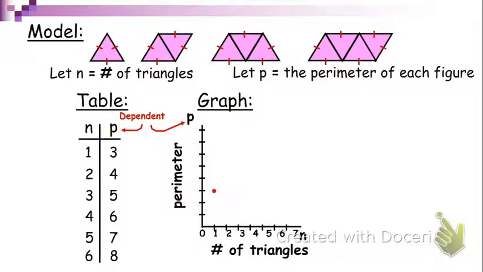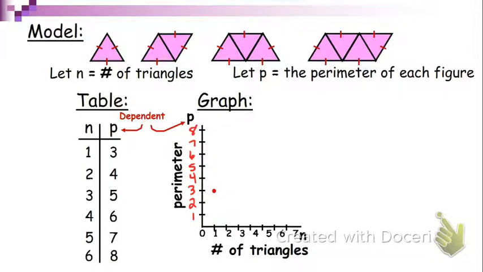I took my numbers out because I couldn't get them to match up correctly. The other ones are fairly close anyway. So, perimeter: 1, 2, 3, 4, 5, 6, 7, 8.